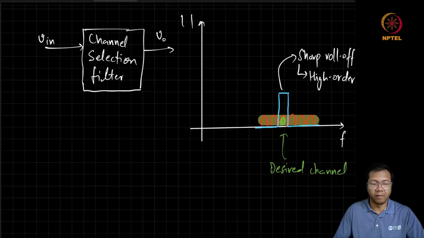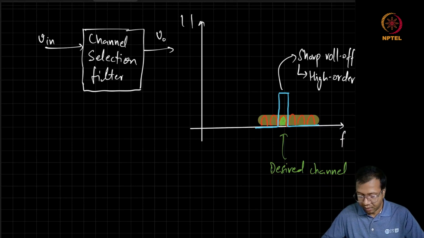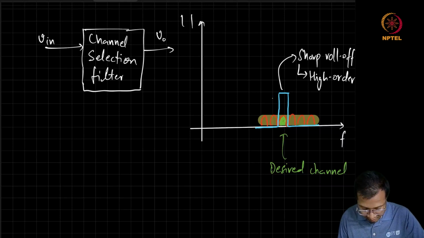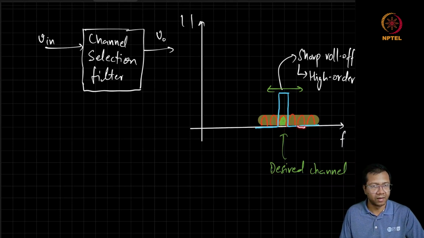Okay. Normally, when we try to design a higher order filter, it requires more storage elements, and overall the filter becomes really bulky. And this is not the only requirement. If you look carefully, you can easily see that this channel also has to be tunable, because sometimes your desired signal may be present in this channel, sometimes it may be present in another channel.